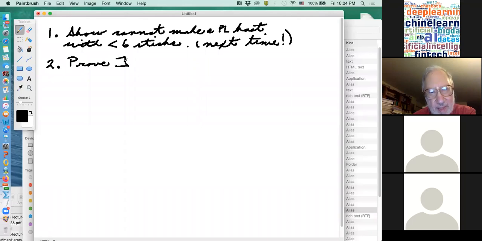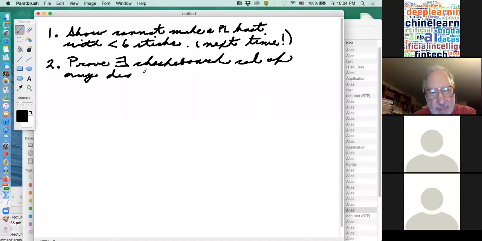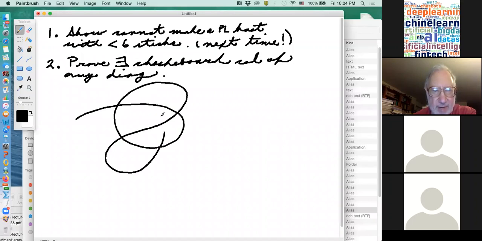that there exists a checkerboard coloring of any diagram. That is to say, you draw a diagram, and it could be a multi-component diagram.